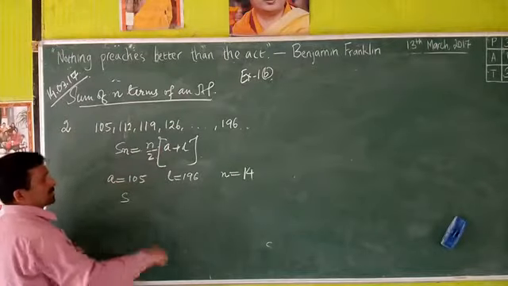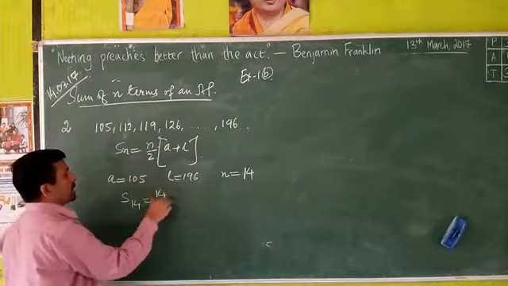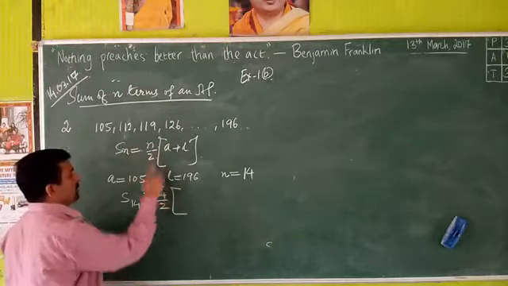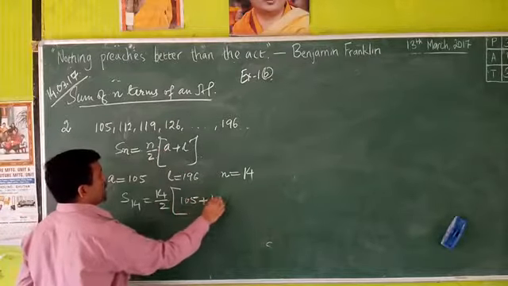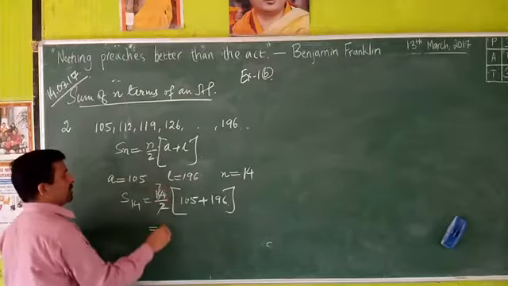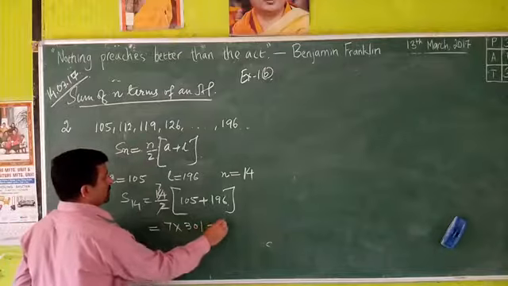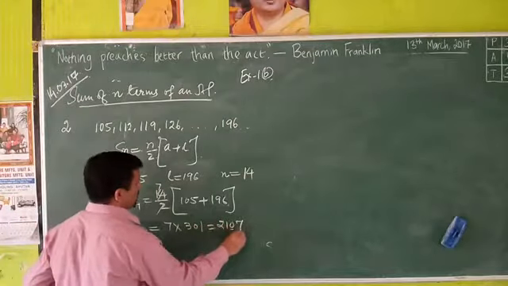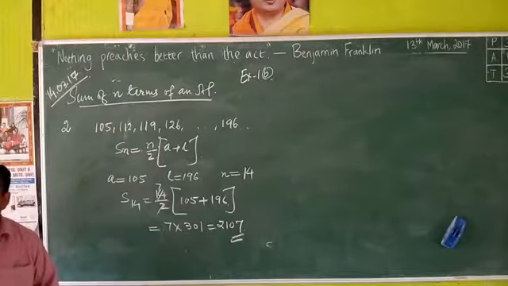So S14 is equal to 14 divided by 2 using the formula, into (105 plus 196). 2 sevens are 14, so 7 into 301, and this is equal to 2107. Is it okay?